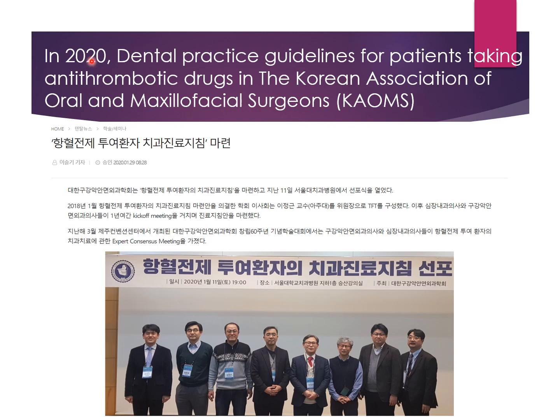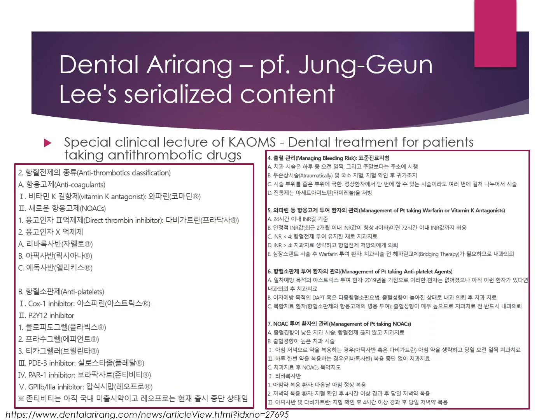So, in 2020, the Korean Association of Oral and Maxillofacial Surgeons declared dental practice guidelines for patients taking antithrombotic drugs. Professor Jung-Keun Lee wrote about this in detail in the Dental Arirang newspaper.